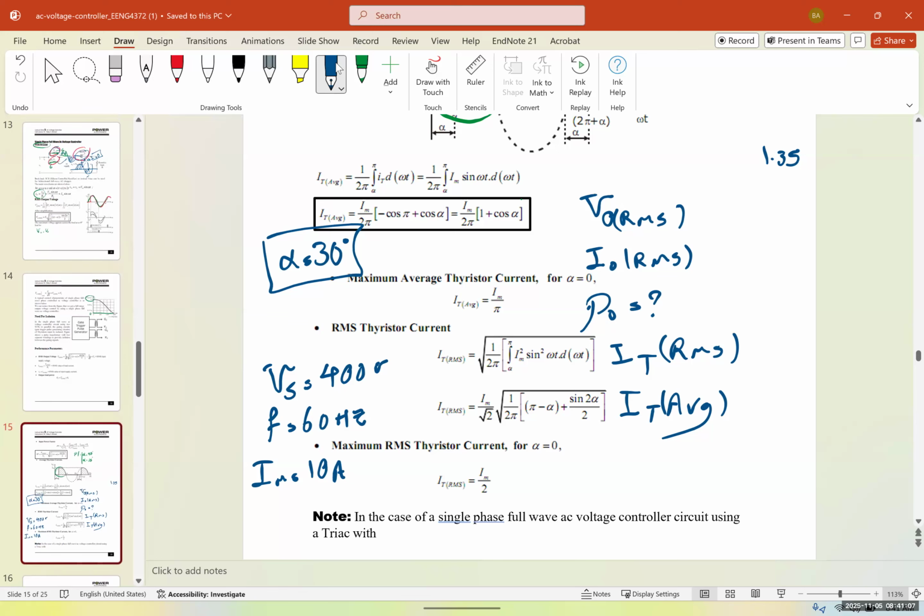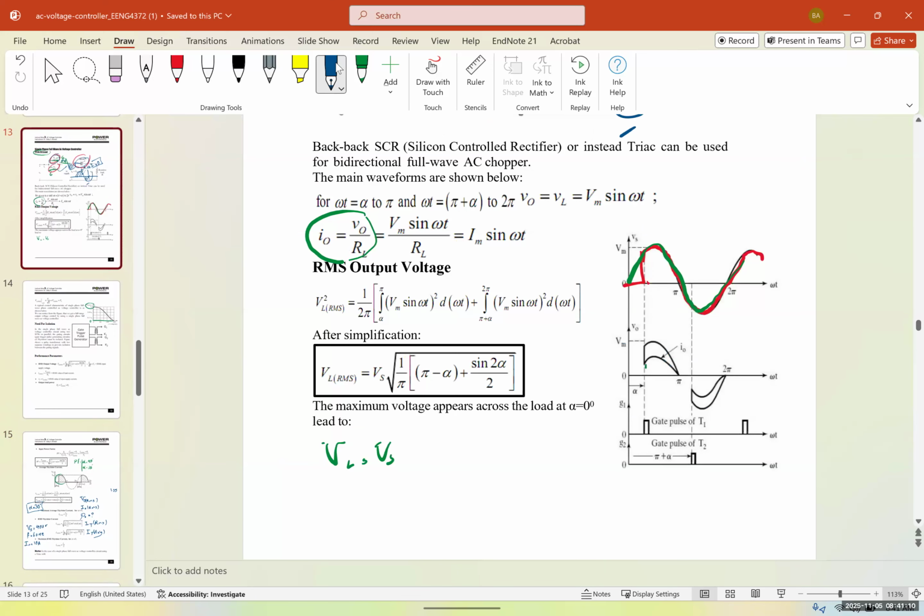I'm going to go back to the equations. These are the equations that you may need. VL or V out RMS is going to be this.